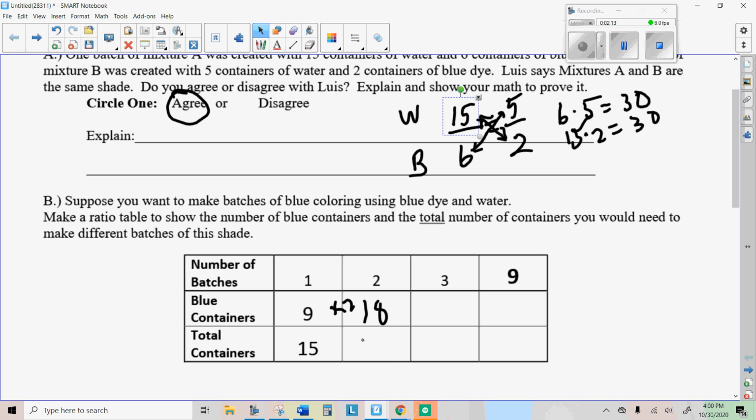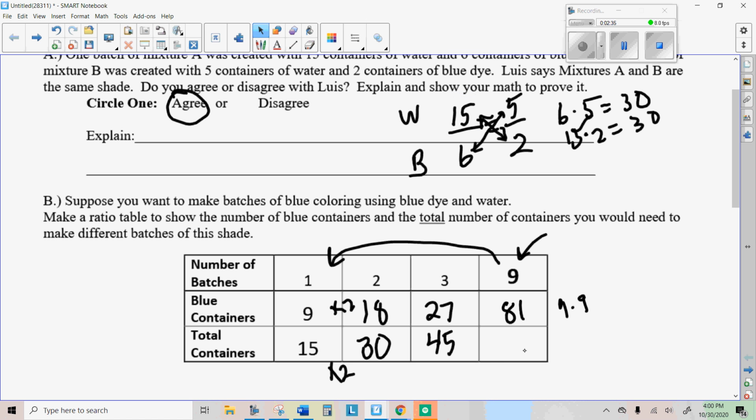So 18 and 15 times 2 is 30. 3 batches you would have to triple the original. So 9 times 3 is 27. 15 times 3 is 45. And then 9 batches you would need 9 times the original. 9 times 9 is 81. And 9 times 15 is 135.